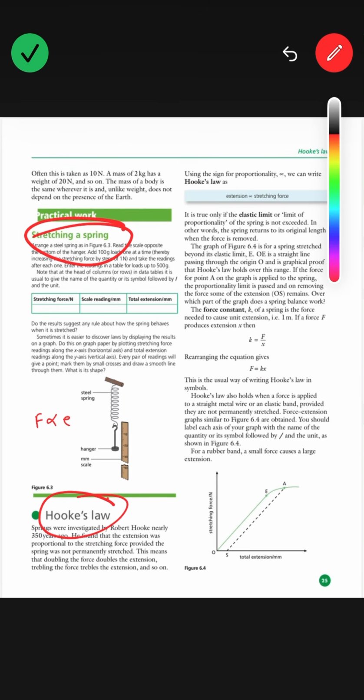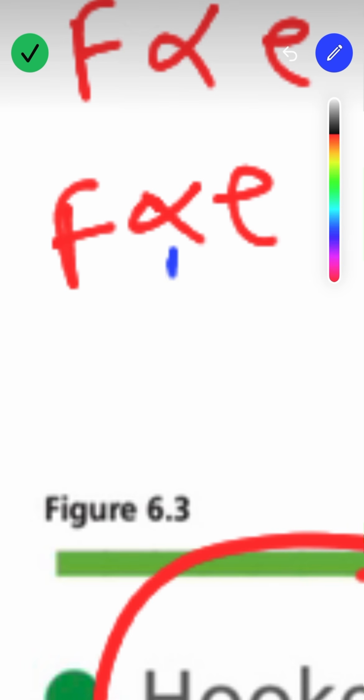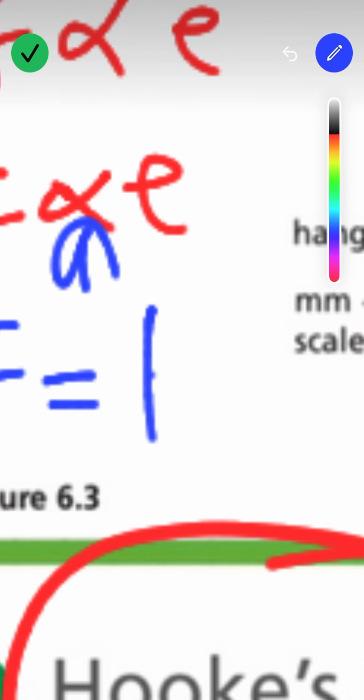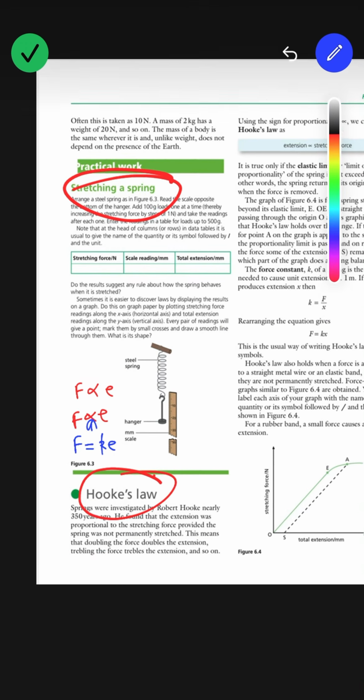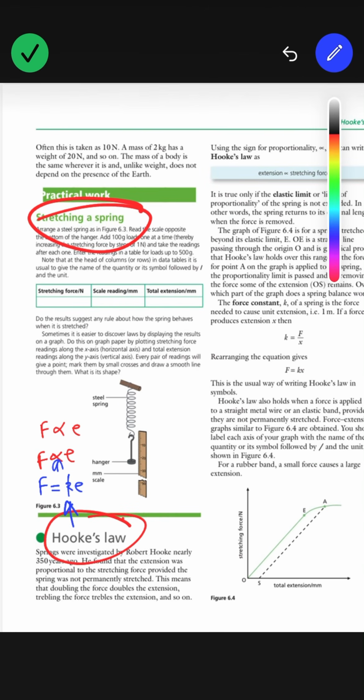So what am I saying? I'm saying that if force is directly proportional to E, then if I remove the sign of proportionality, it becomes F equals KE, where K is a constant of proportionality that I introduce.